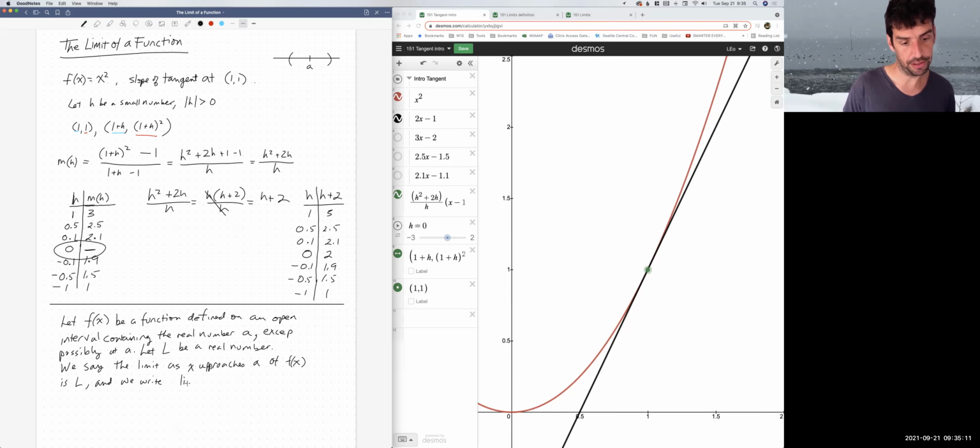We write lim, here's our x approaching a or goes to a. So the limit as x goes to a of f of x equals L.